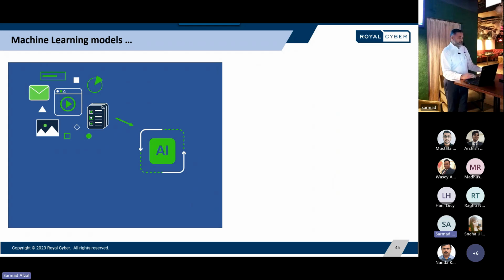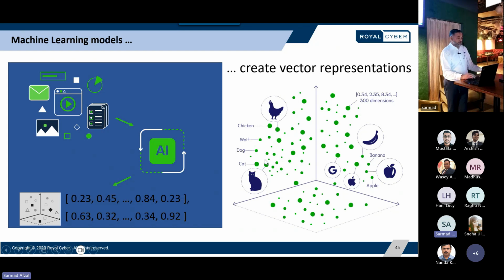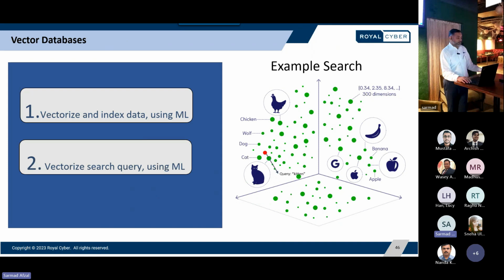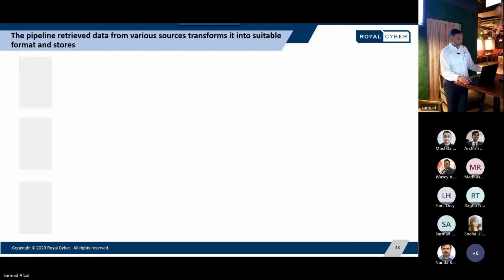What it does is take any structured or unstructured data from your company and convert it to a three-dimensional vector, and then store that vector in the vector database. You can consider it like a supermarket. If you go to a supermarket, all the meat is at one place, all the dairy is at one place. That is how a vector database behaves.